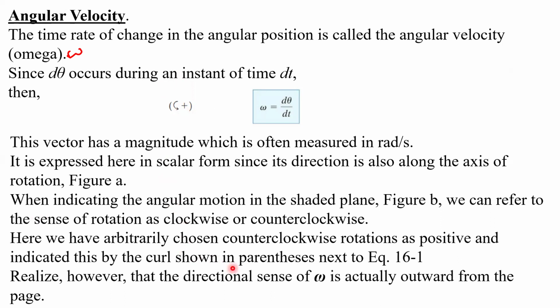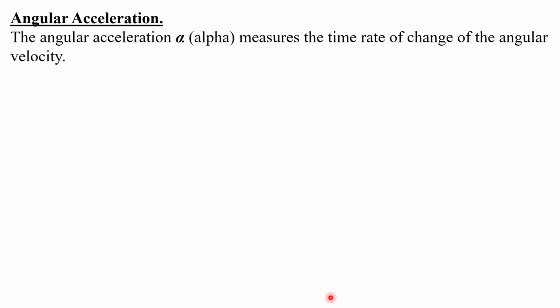Realize, however, that the directional sense of omega is actually outward from the page. Angular acceleration. The angular acceleration, alpha, means the time rate of change of the angular velocity.